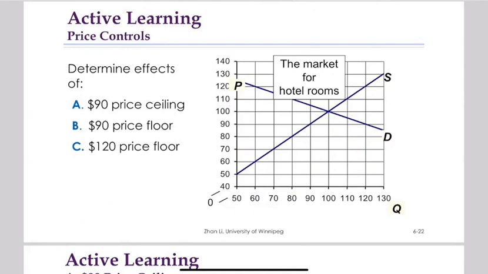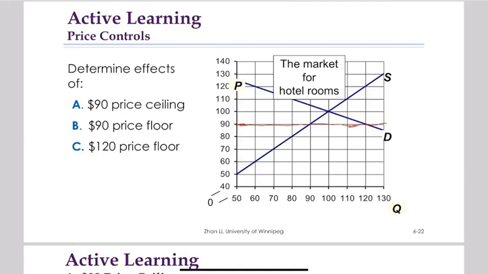So let's look at the first one, the $90 price ceiling. First, we know that the equilibrium price is actually $100. So let's draw out this price ceiling. This is the $90 price ceiling. According to the definition of price ceiling, the hotel room price cannot be higher than $90, which means in the end, the market would stay at this $90 price.